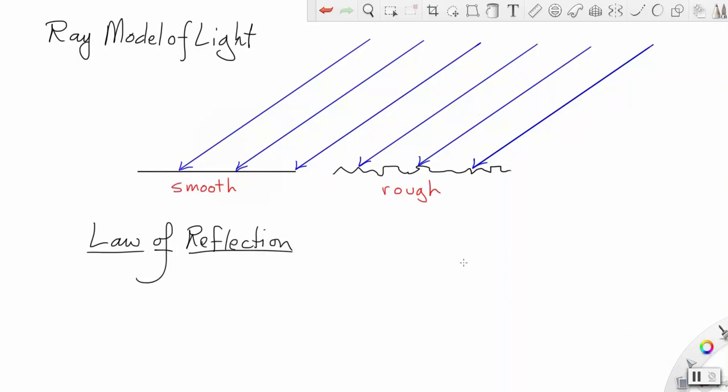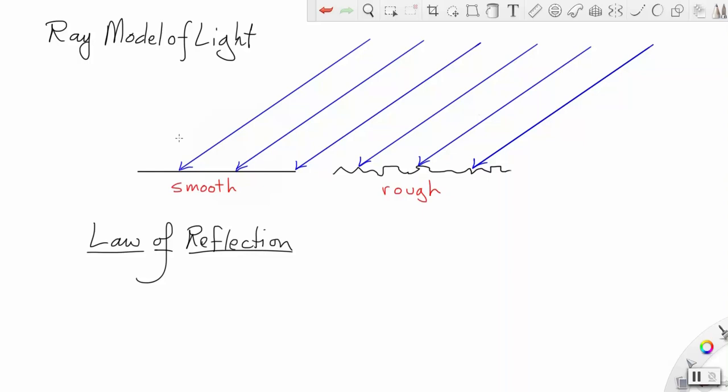Now you've already got a pretty decent idea about what the law of reflection states. If you've ever bounced a ball and haven't spun it while you were bouncing it, that tells you intuitively what the law of reflection is.